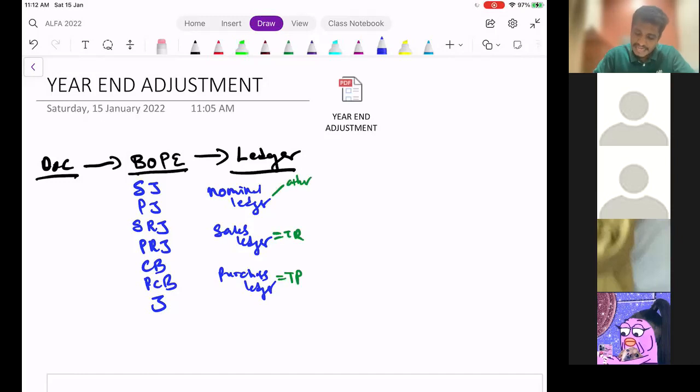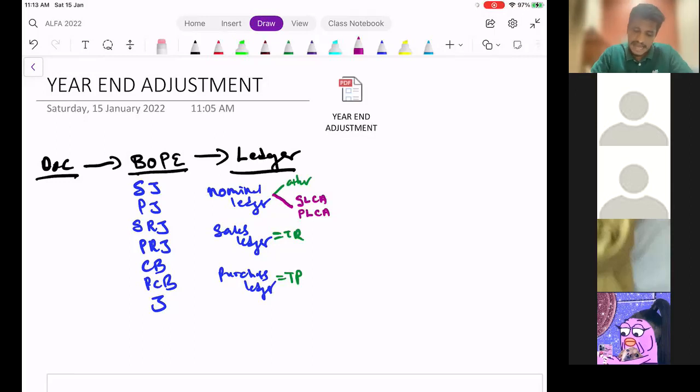Additionally, the sales ledger control account and the purchases ledger control account will also be inside the nominal ledger.